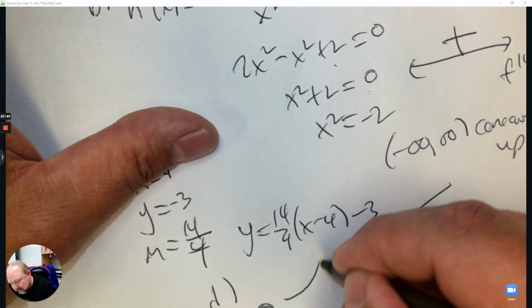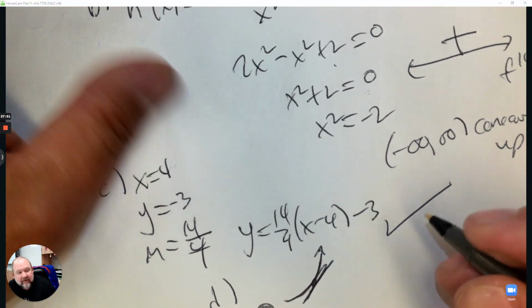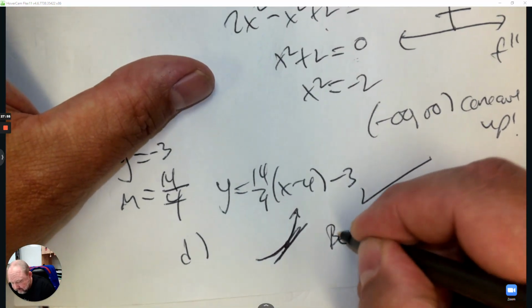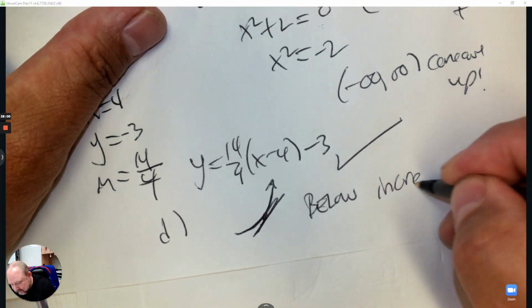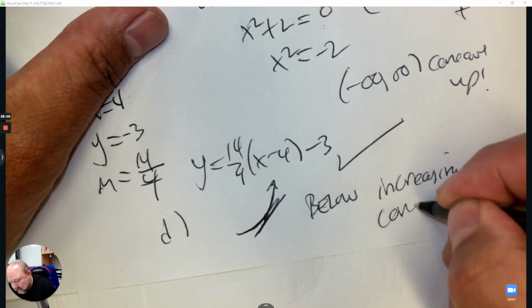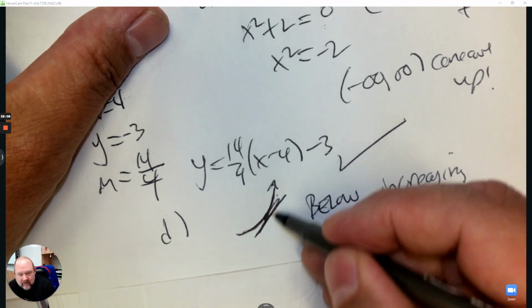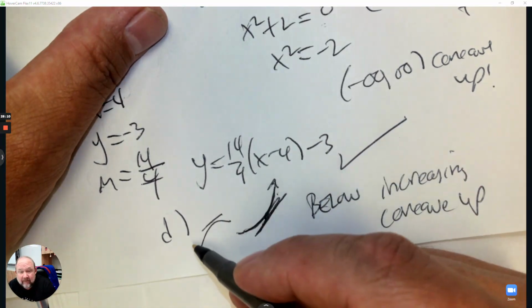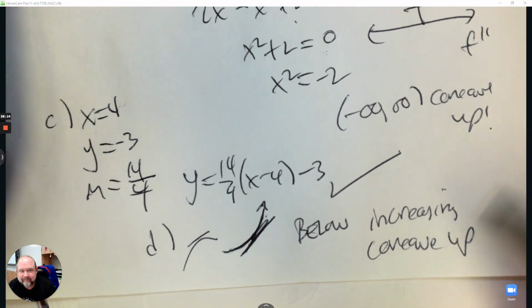So if something's increasing and concave up and you have a tangent line on that, this tangent line is below. And so why is it below? Because it's increasing and concave up. So if I draw a picture of increasing and concave up and draw a tangent line, you can see it's below. If it was the other way, you could see that it's the other way if it was concave down, let's say, or so on.